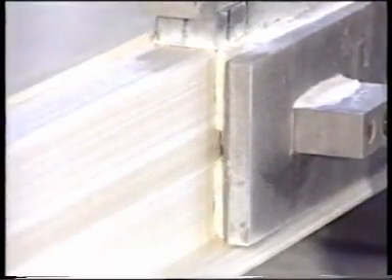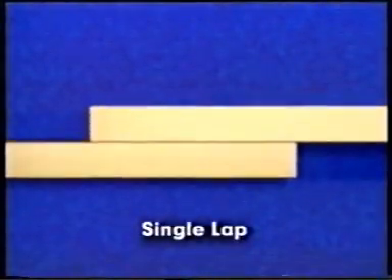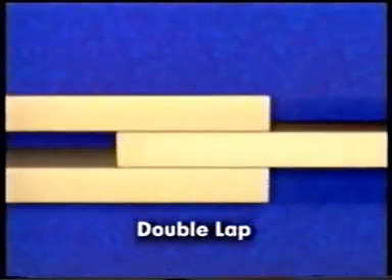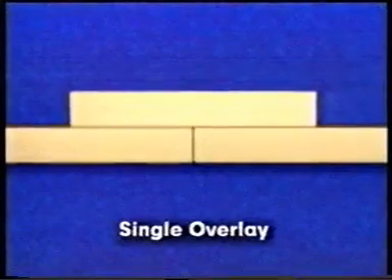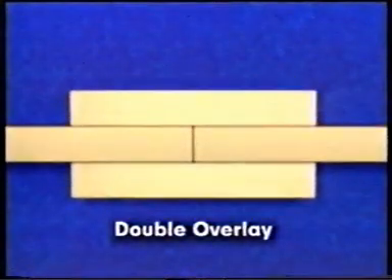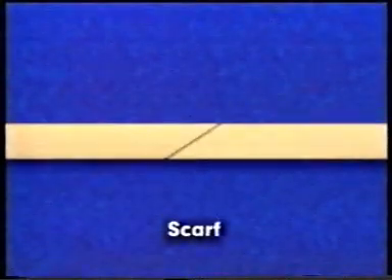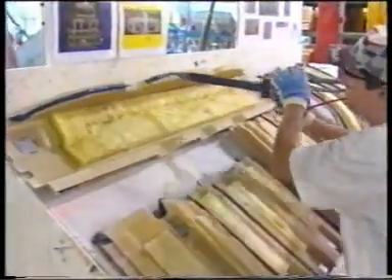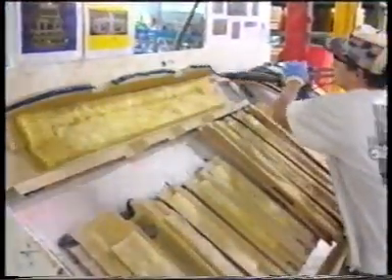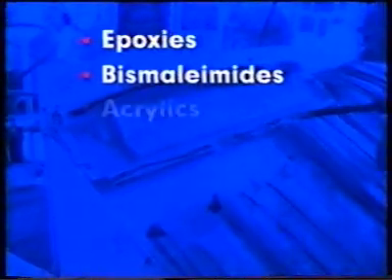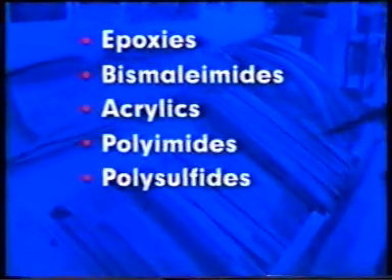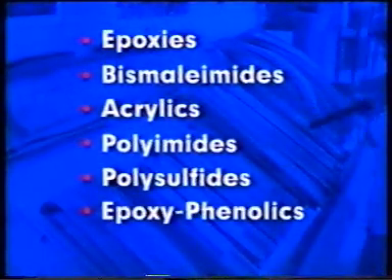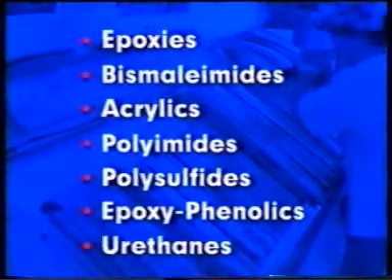Joint types for adhesive bonding include single lap, double lap, stepped lap, single overlay, double overlay, and scarf. Composite bonding adhesives are numerous and include epoxies, bismuth imides, acrylics, polyimides, polysulfides, epoxy phenolics, and urethanes.